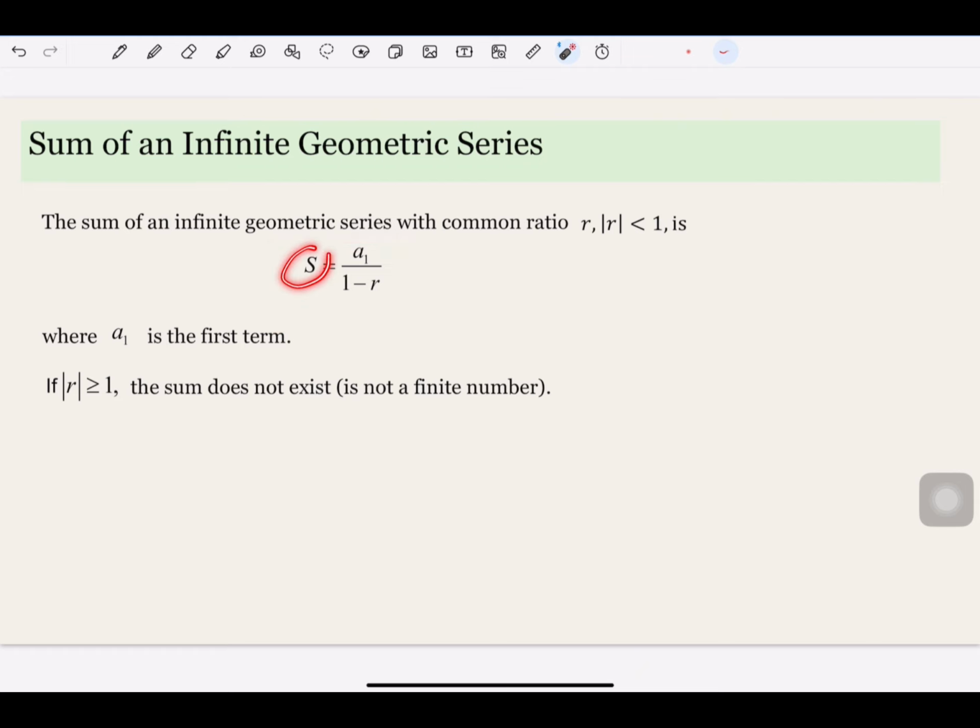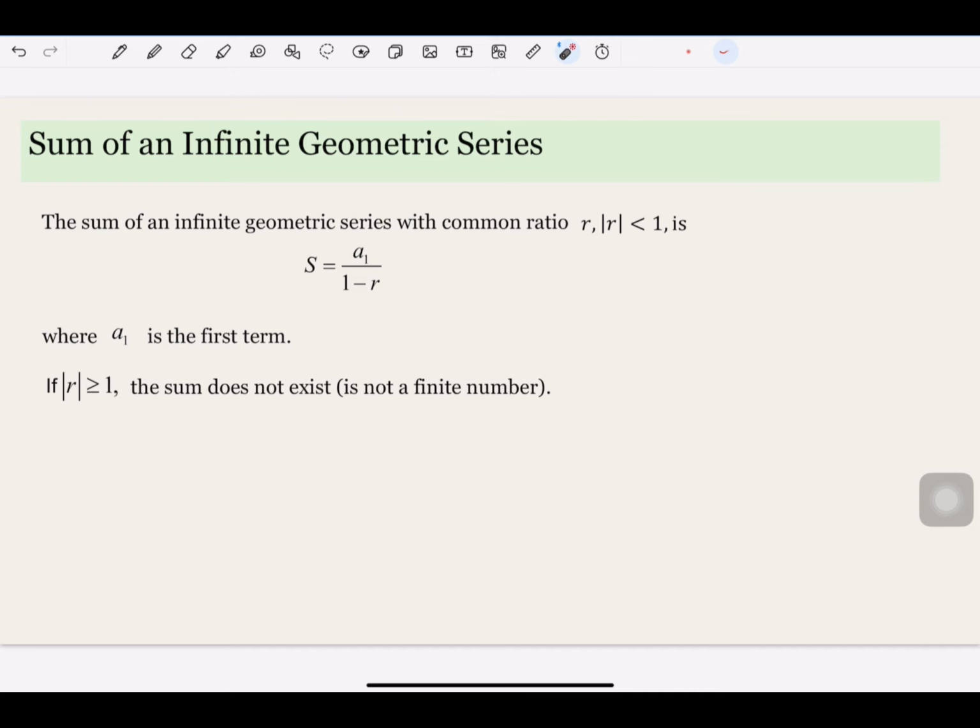Here S represents the sum of the infinite series, a1 represents the first term, and r represents the common ratio. But remember, the absolute value of the common ratio should be less than 1.